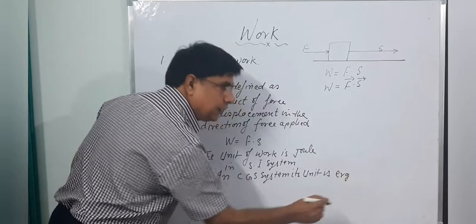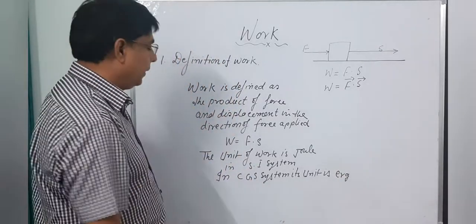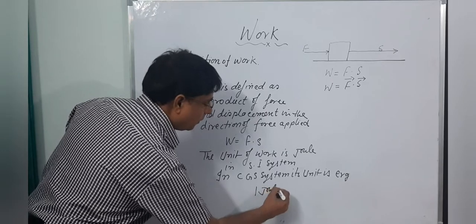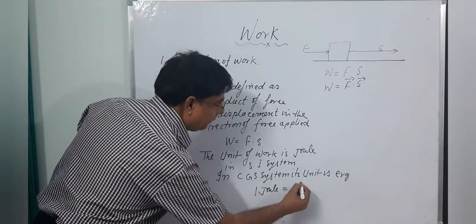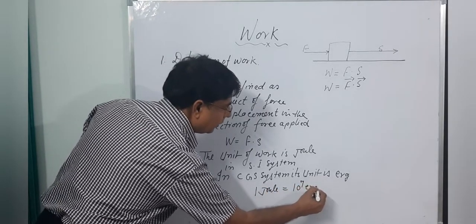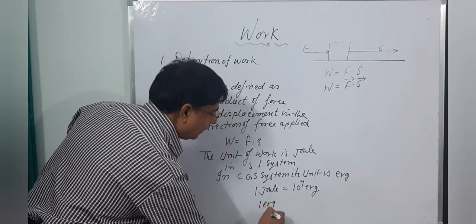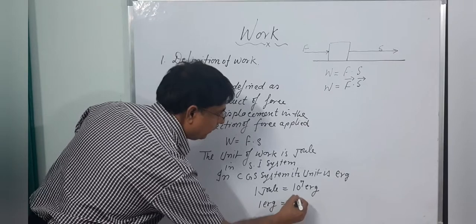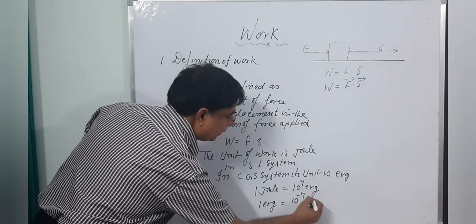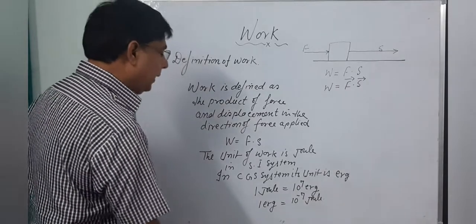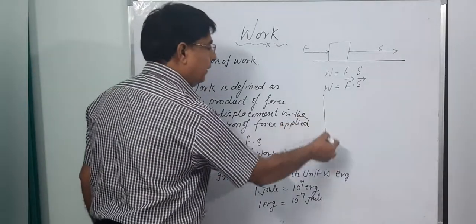There is a relation between the joule and the erg. 1 joule equals 10 to the power 7 erg, or we can say 1 erg equals 10 to the power minus 7 joule. Work is a scalar quantity.